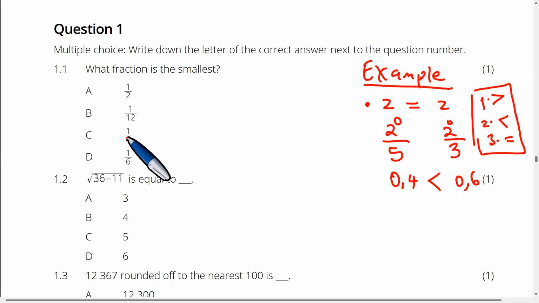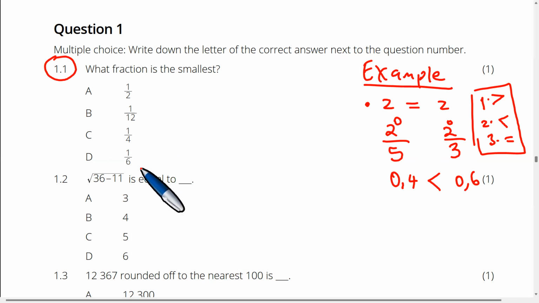Here is the question that is exam type. So this is typical exam. If you look at this, which fraction is the smallest? We're looking at 1.1. Which fraction is the smallest? We're looking at 1/2, 1/12, 1/4, 1/6.